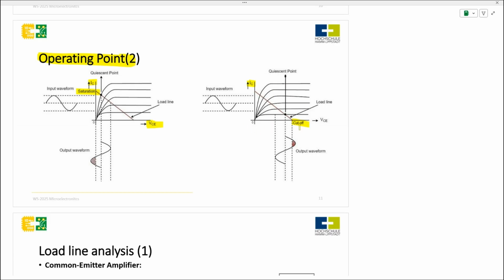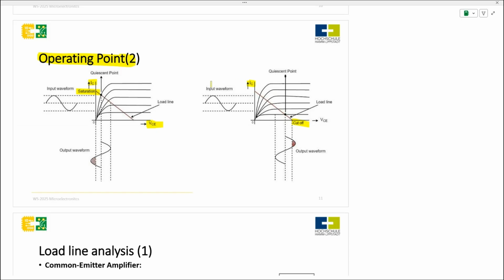For this one, we'll be talking about the cutoff region, because the cutoff region is just right here, while the saturation region is just right here. So this is our saturation, our maximum, and here we have the other way around.